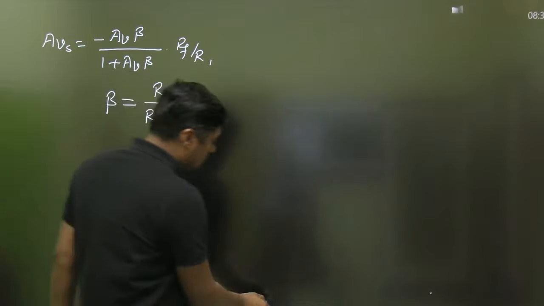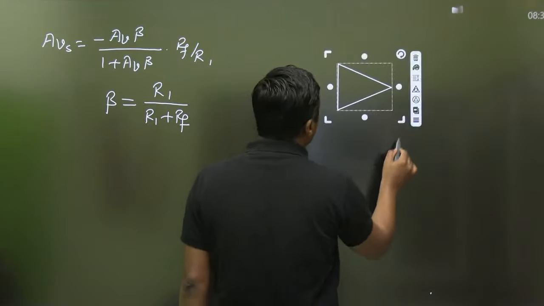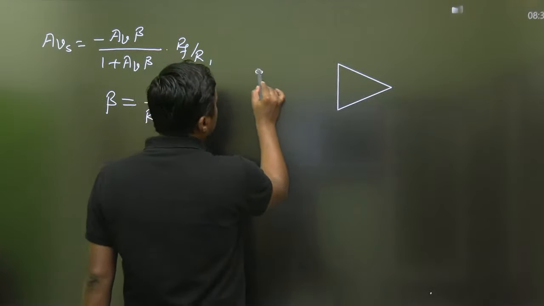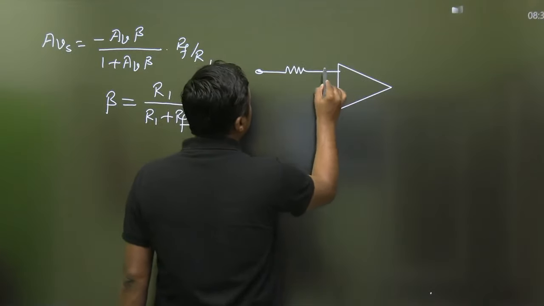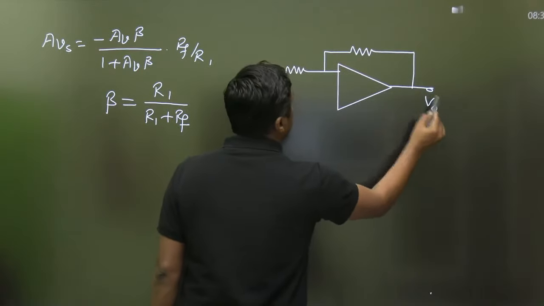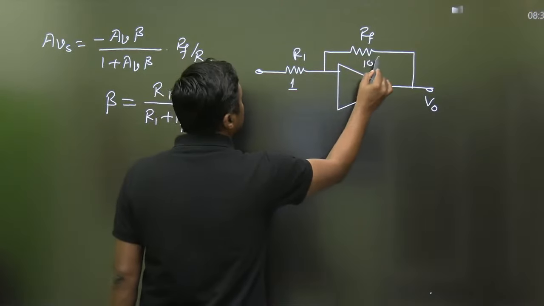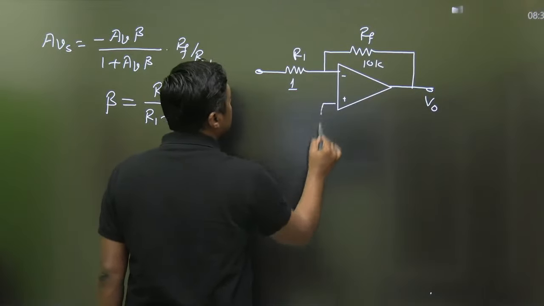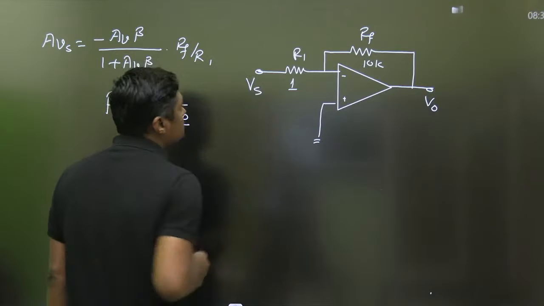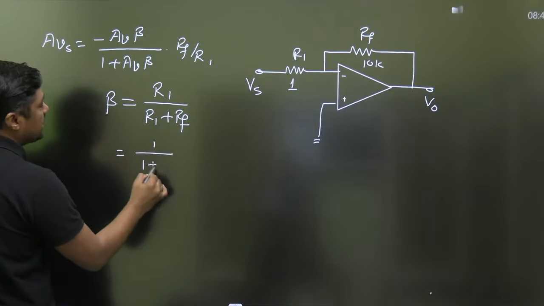In this particular question, R1 is 1 kilo ohm and RF is 10 kilo ohm. Now you can find the value of beta: 1 divided by 1 plus 10, that is 1 by 11.